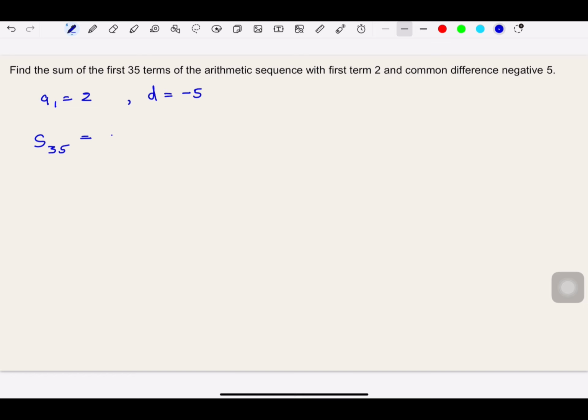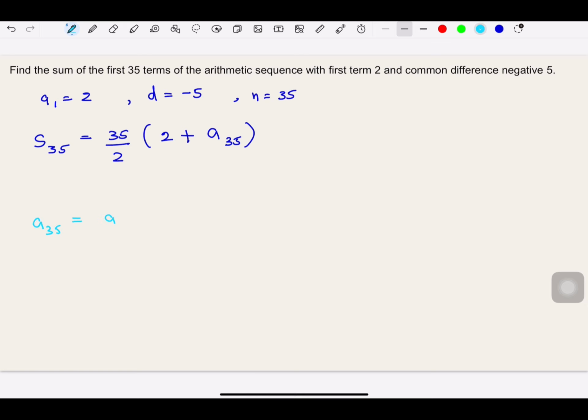So the formula is you have to divide n by 2. In this example, n is equal to 35. So 35 over 2, the first term is 2, and then you have to find the 35th term. Okay, let's get my 35th term.